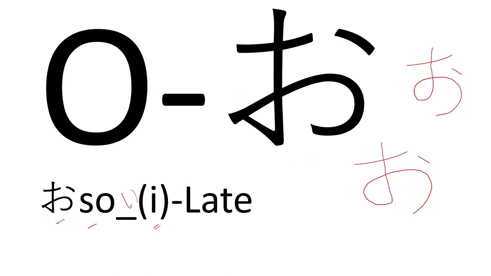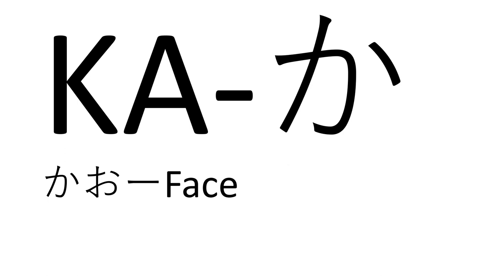Okay, the next one is Ka. First stroke, second stroke, and the third stroke. So a word with it is kao. Kao means face.